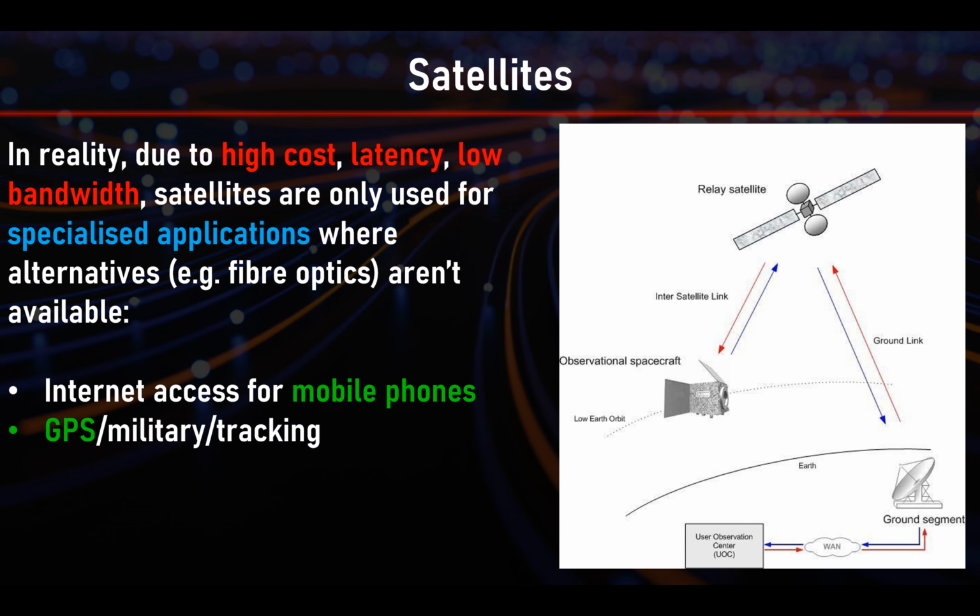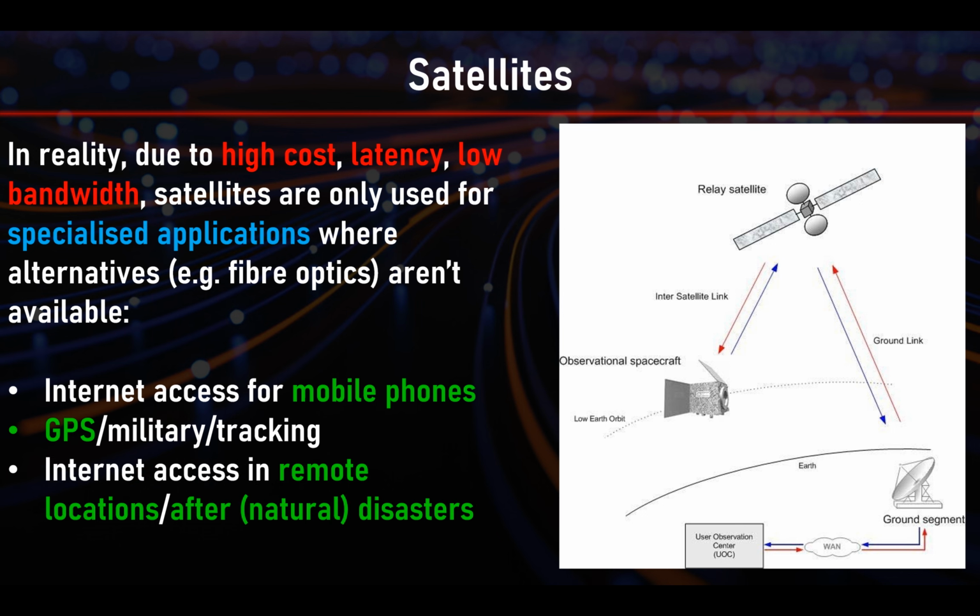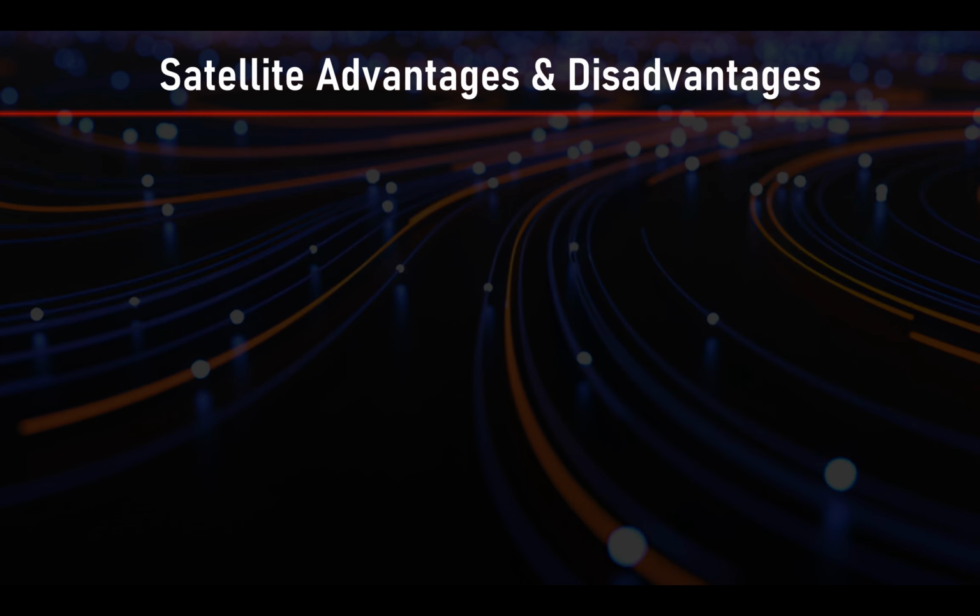Also GPS, military tracking, internet access in remote locations, and after natural disasters. I think Antarctica can only be accessed with satellites. They don't have any cables. Likewise some mountainous regions. Also internet access on planes, which is becoming more and more common.